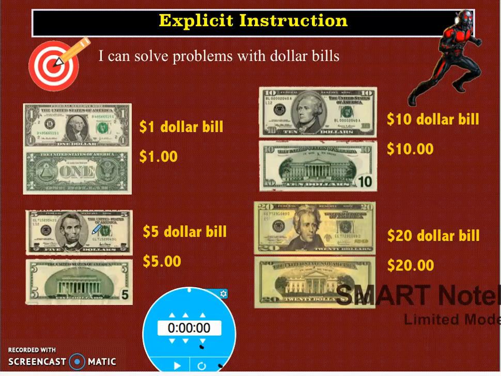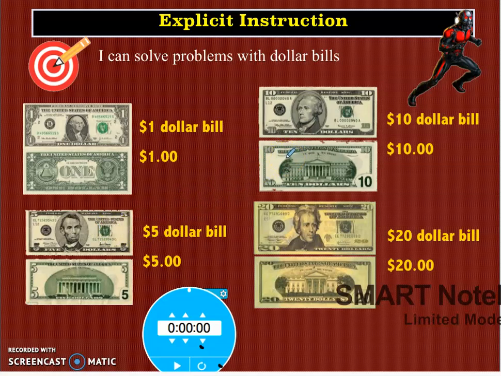When we have a $5 bill, we have to count by fives. So let's count by fives. 5, 10, 15, 20, 25, 30, 35, 40, 45, 50, 55, 60, 65, 70, 75, 80, 85, 90, 95, 100.